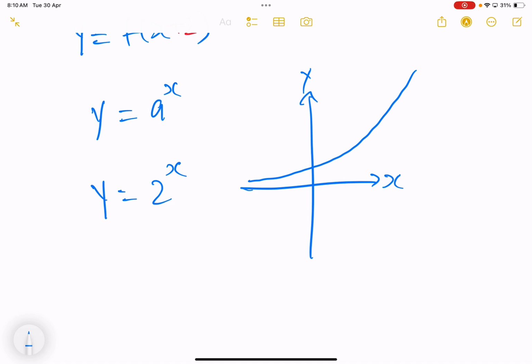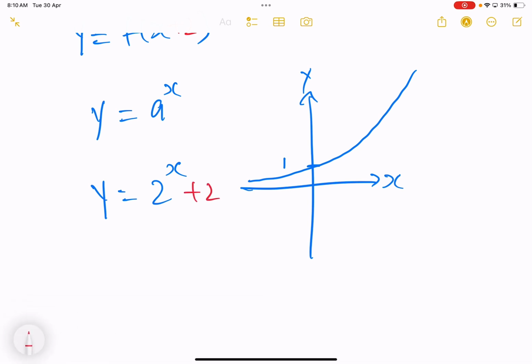And of course, the point at which it cuts the y-axis, when we let x equal 0, we know that the value of y is what? What do you think the value of y is over here? 1, right? Because when you substitute x = 0, anything raised to the power of 0 is equal to 1.